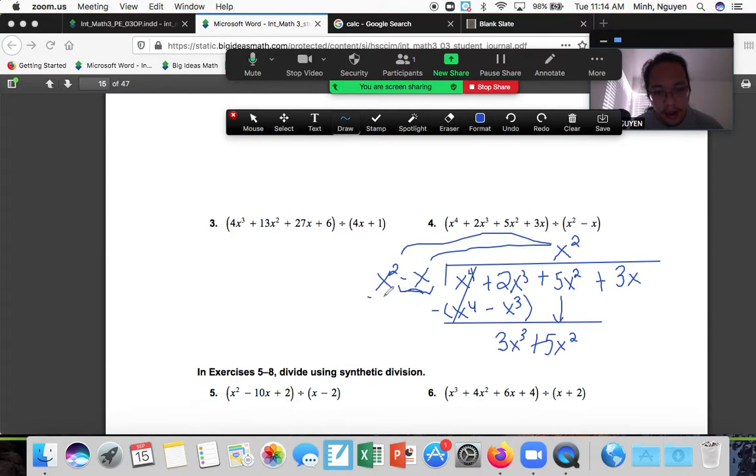So again, we're always dividing by the first term. 3x cubed divided by x squared is positive 3x. 3x times x squared is 3x cubed. 3x times negative x is negative 3x squared. I've multiplied and now I will subtract.